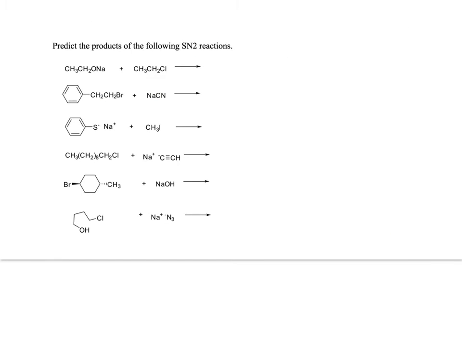Predict the products of the following SN2 reactions. Okay, SN2 reactions. So you guys spot your nucleophile. Okay, we'll do that in red. Your electrophile, that needs to be, we'll do that in blue, and then your leaving group. So nucleophile is here. So you see you've got the negative oxygen.